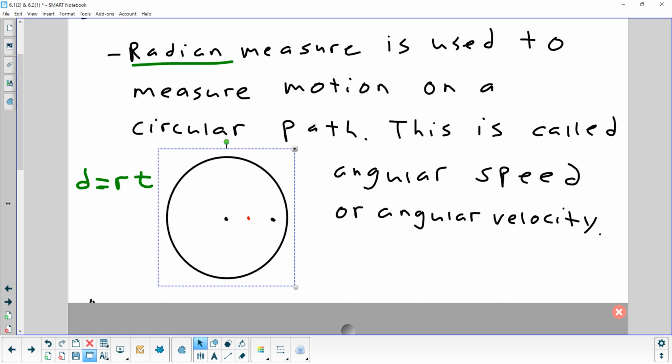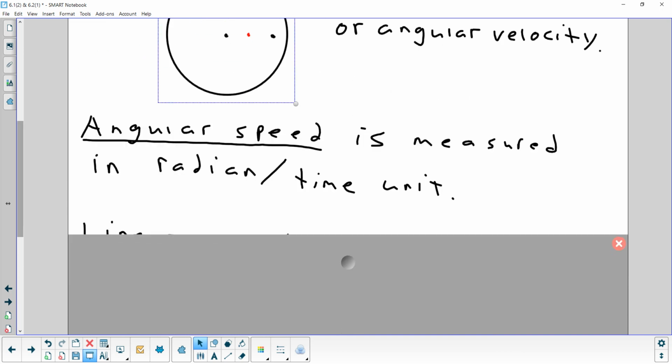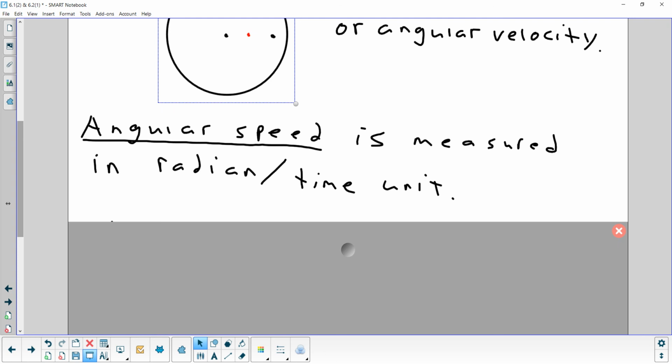One revolution in 5 seconds. So it gives us a way to describe the speed of something spinning using the same number for every point along the disk. Otherwise, it starts getting confusing when we try to use linear speed. So that's what angular speed does. Angular speed is generally measured in radians per time unit. The time unit's not important. That can be minutes, seconds, hours. That doesn't matter.